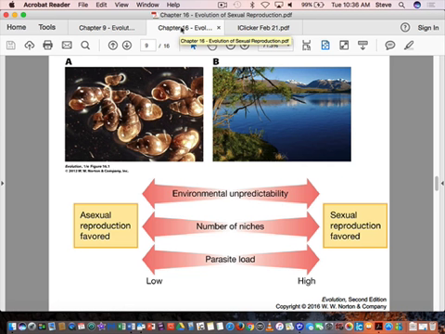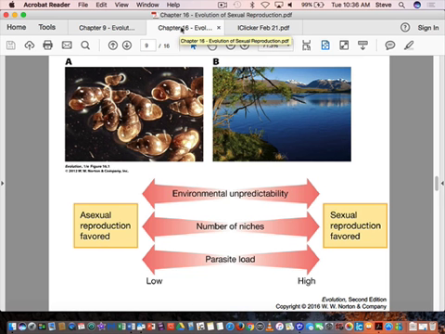The other idea is that if parasites aren't very common in an environment, if there's a low risk of being parasitized, asexual reproduction would be favored. I'll try to explain how that happens.